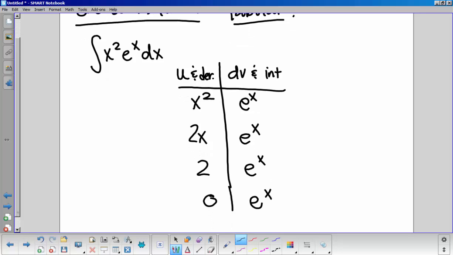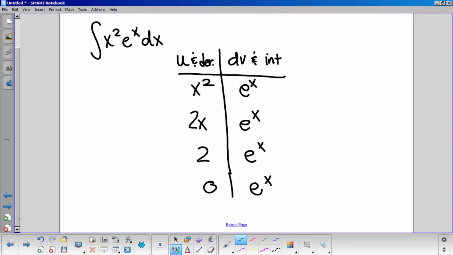Now the thing you have to remember about this tabular method is this is the easy part. But now we are going to put plus, minus here. You start with plus and you alternate the signs down. And then we're going to multiply in a downward diagonal until you get to 0. And then 0 times anything is just 0.